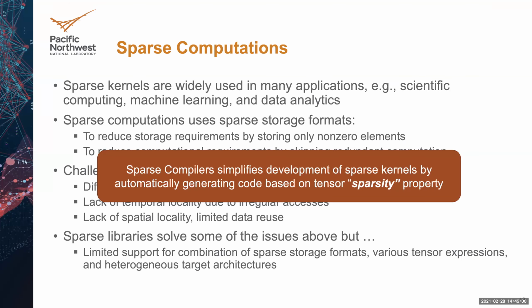So for our case, we want to rely on sparse compilers. Sparse compilers simplify the development of sparse kernels, automatically generating the code and only looking at the sparse property of the tensor. Is it dense or sparse?